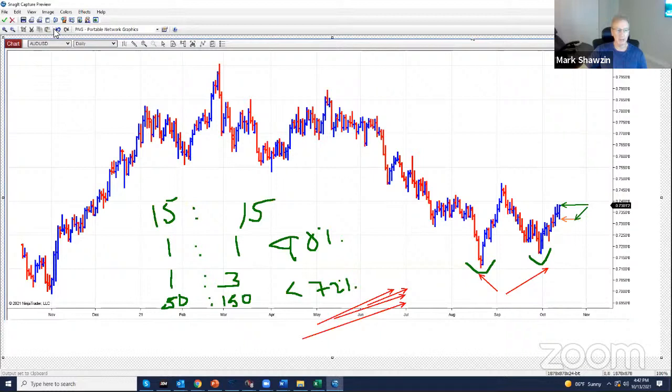I'll maybe do that again today, where we have, call it an 85 pip risk for what could be a several hundred pip reward. So certainly this is your first level of resistance, which is about 80 pips away. And that would be my first level of resistance. And then I would look for it to go higher.